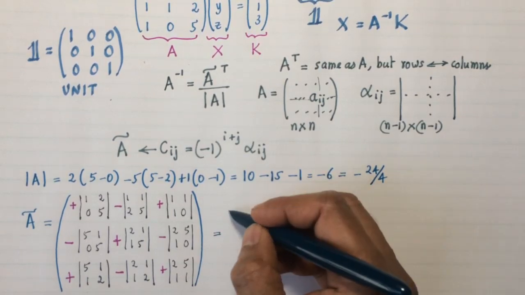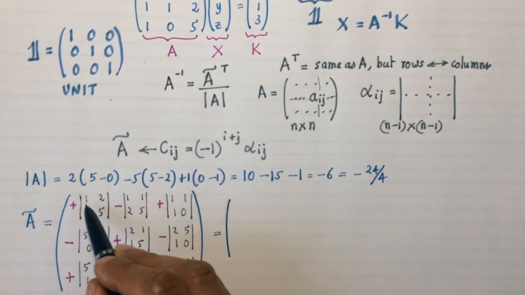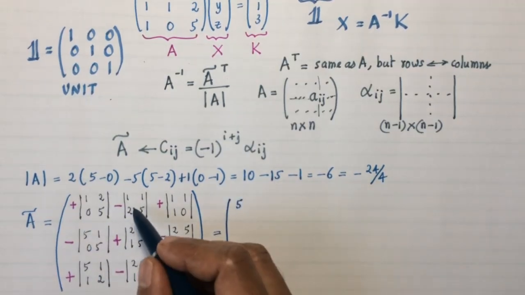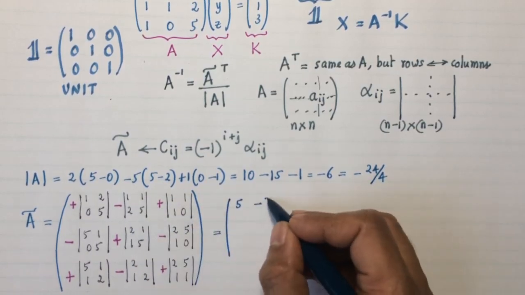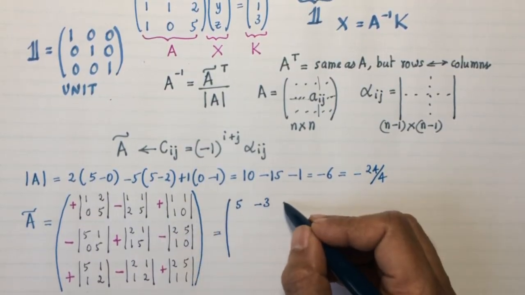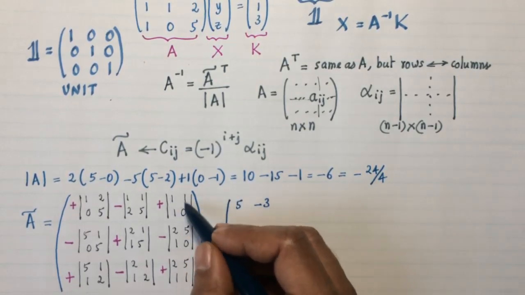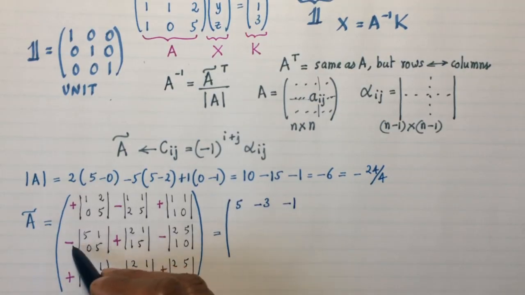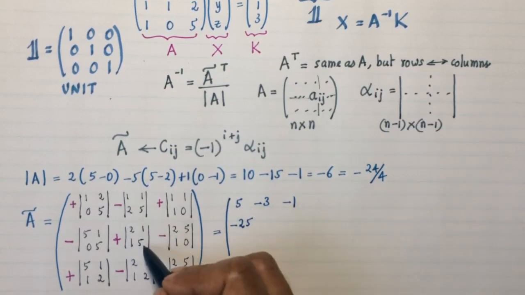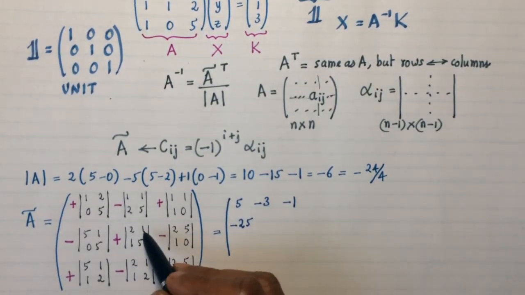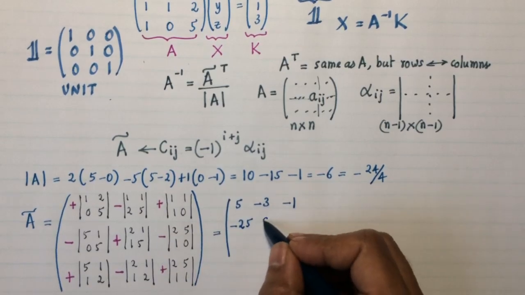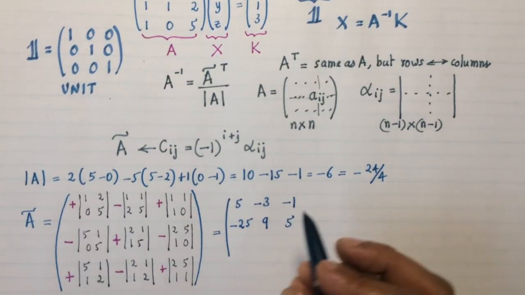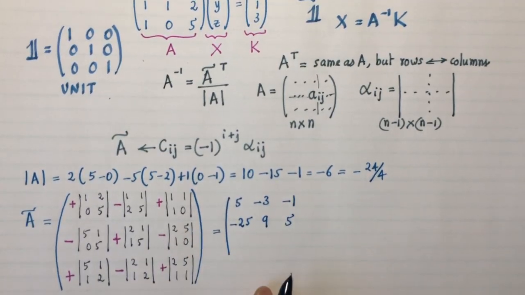Next, this can be simplified. That's 5 minus 0, 5. And that's going to be 5 minus 2 or minus 3, 1, actually 0 minus 1, 25 with the minus sign outside, 10 minus 1, which is 9, and 0 minus 5, which is plus 5, because that's a minus 5 and there's a minus sign outside.